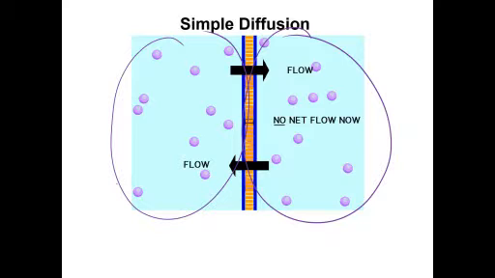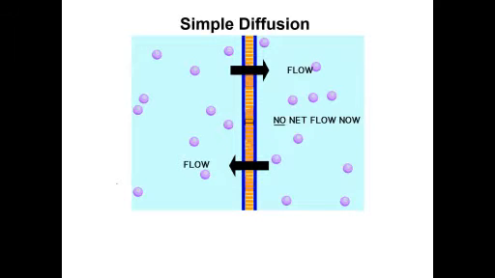Over time you have a decreased net flow of particles until there's no net direction of movement of particles at all. Even at what we call equilibrium, where you have equal concentration of particles on both sides of the membrane, you still have movement of particles across the membrane.